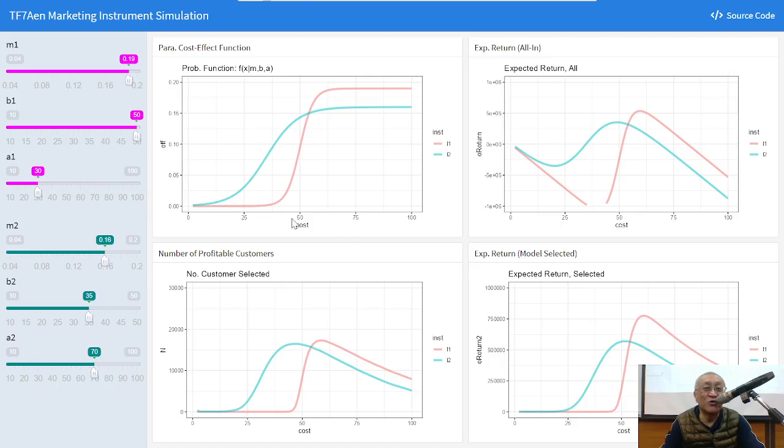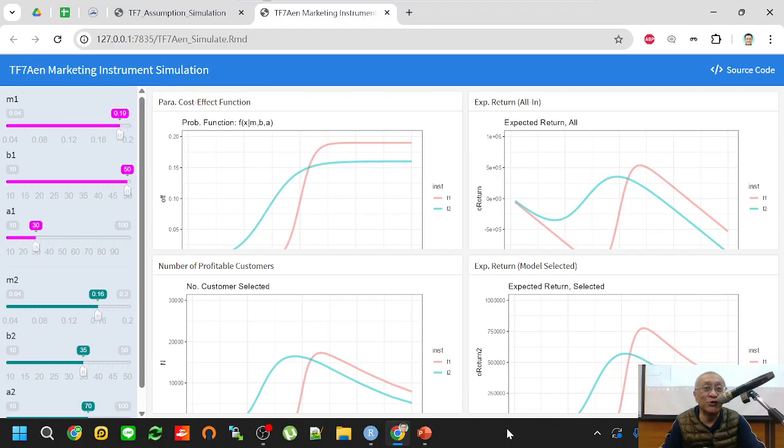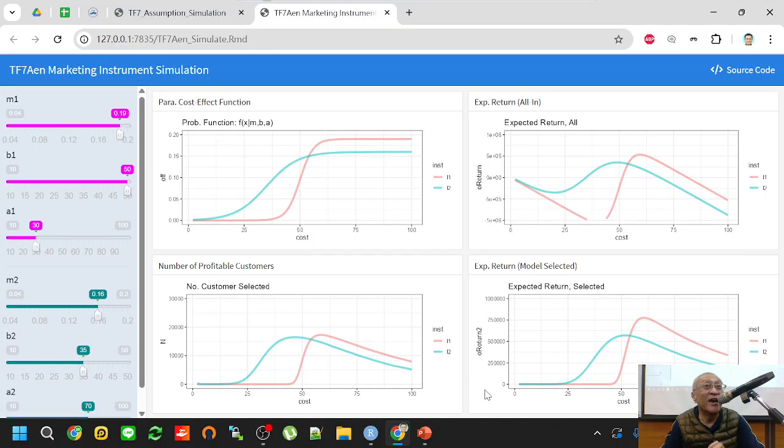The cost needs to be optimized. And after you optimize the cost, you can select a group of customers that you can apply this tool to, and after selecting that group of customers, you basically can estimate the expected return. In this notebook, I will guide you through this process.